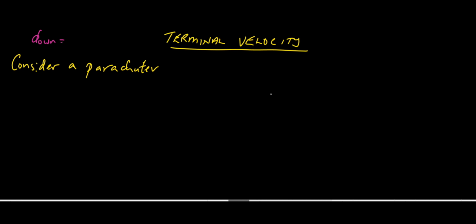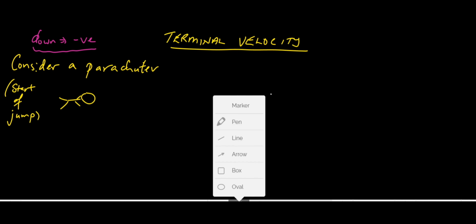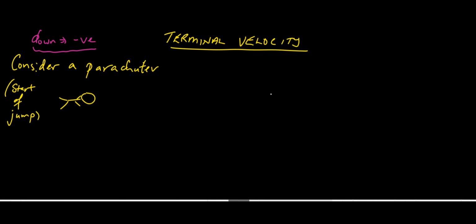Now, before we begin, an important note is that we will take down as a negative in terms of direction. Upon jumping out of the aircraft, he experiences a downward acceleration, which we'll denote as negative g, the negative being the downward direction.